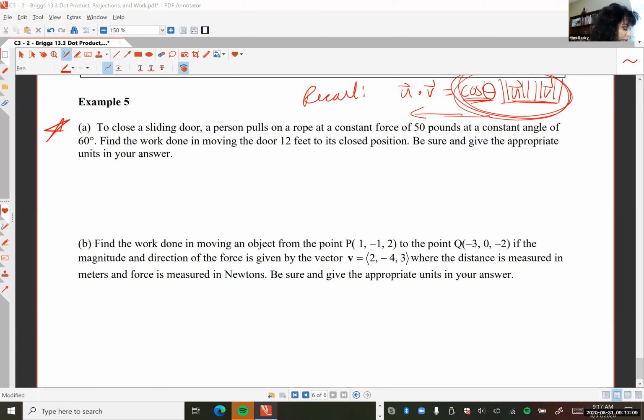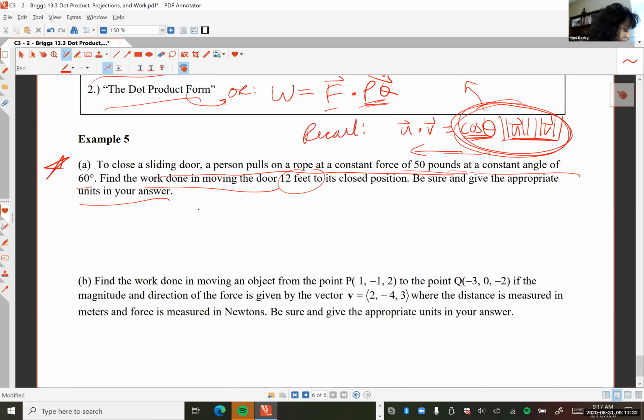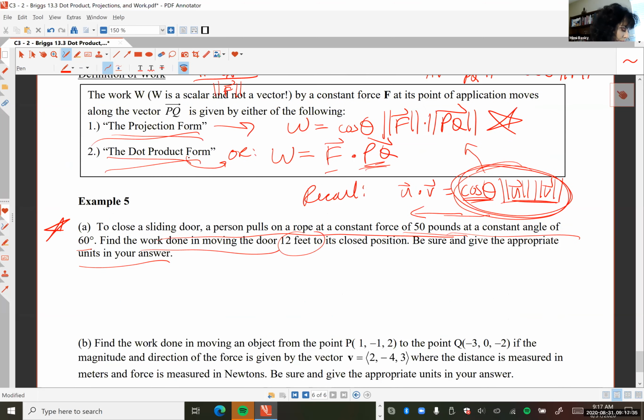Okay, so which one of the two formulas, folks? To close a sliding door, a person pulls on a rope at a constant force of 50 pounds at a constant angle of 60 degrees. Find the work done in moving the door 12 feet to its closed position. So which form, the projection or the dot product form? You are only able to use the projection form. Why?